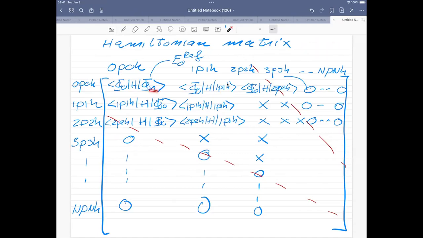So we have all these different elements here multiplied with the coefficients. But then from this side, we actually multiply with phi 0. So we are simply taking the Hamiltonian, which is acting on these states.